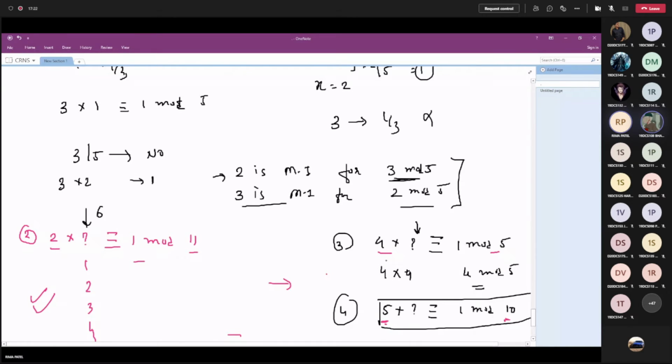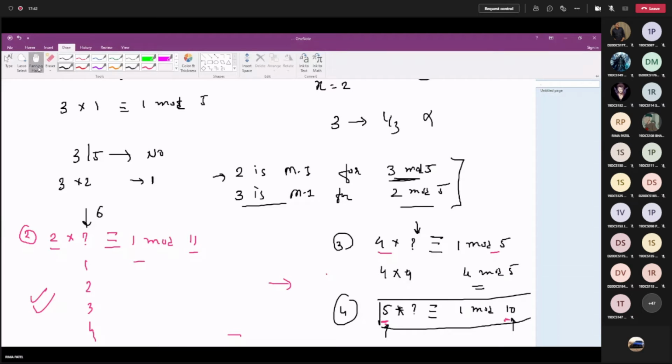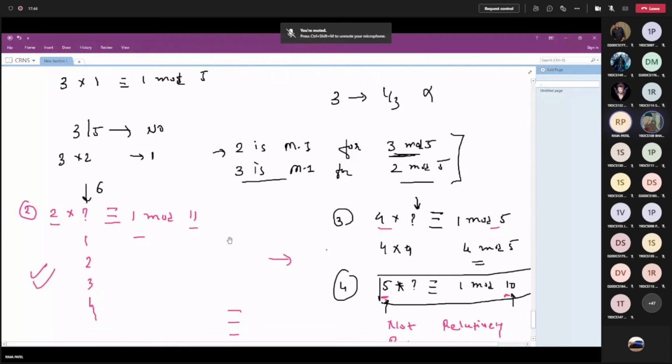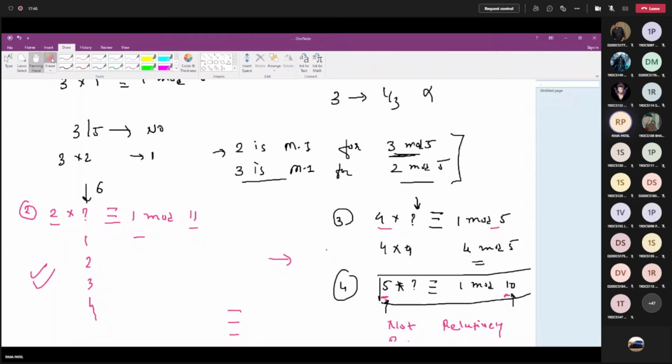Okay. So the conclusion over here is, multiplication only. If these two numbers, this 5 and this, are not relatively prime, now we know what is relatively prime.